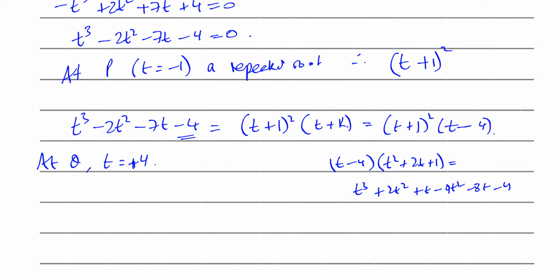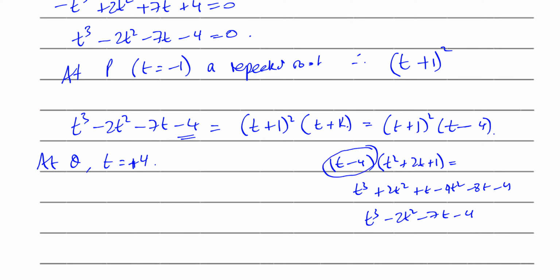So it should give us back this. So you've got t cubed, and 2t squared minus 4t squared, which is minus 2t squared, t minus 8t, which is minus 7t, and minus 4. Is that the same as this? t cubed minus 2t squared minus 7t minus 4. You see, it's exactly the same. So we know for sure that this is one of the factors.